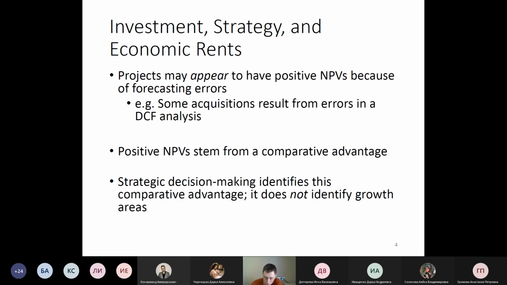Positive NPV means that the firm has a sustainable competitive advantage, and how to achieve sustainable competitive advantages is something that you would learn in your managerial courses. And for us, it is important to discuss the tools that we use to identify the competitive advantage.